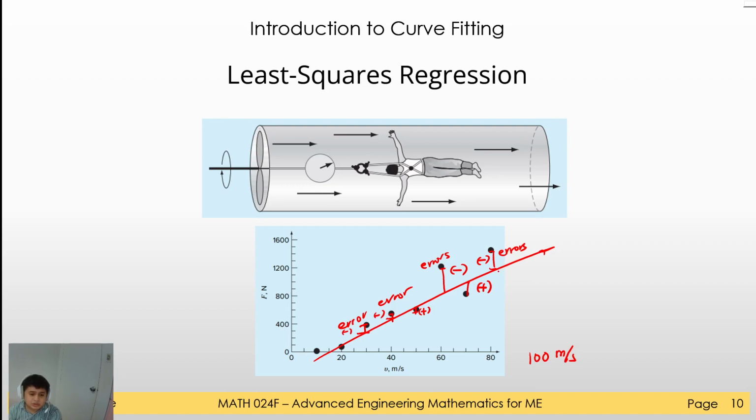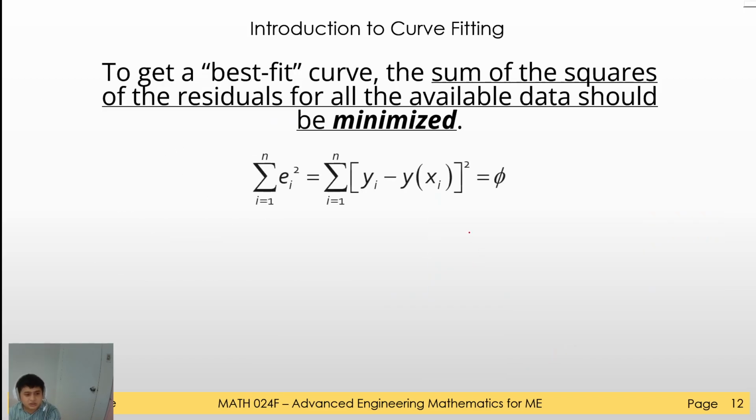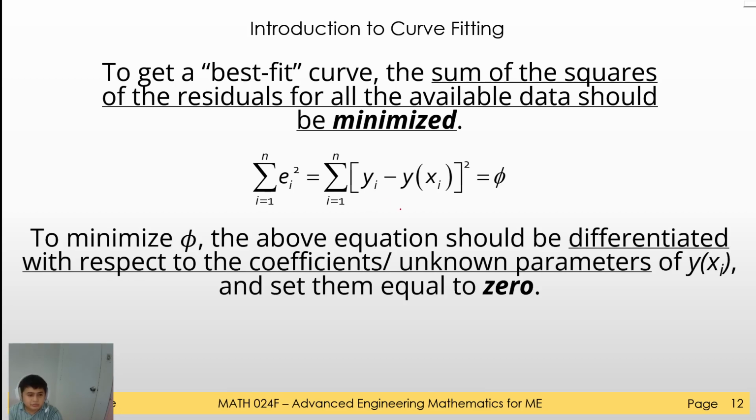So the goal here is to minimize this error. So solve for it next line. The summation of this error is equal to... now, to minimize this, we have different ways.